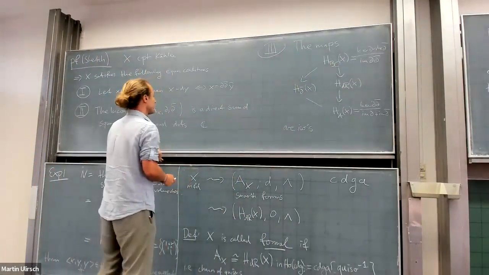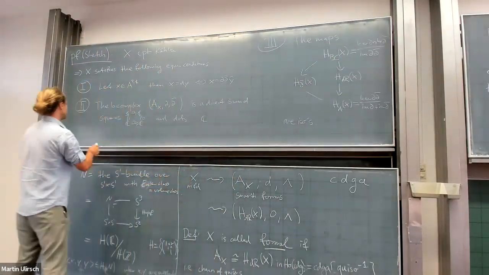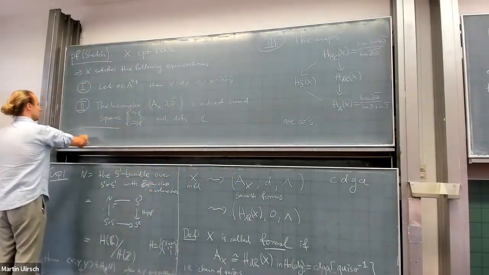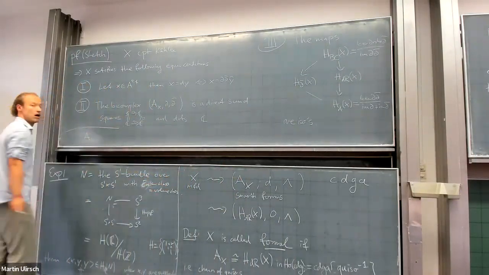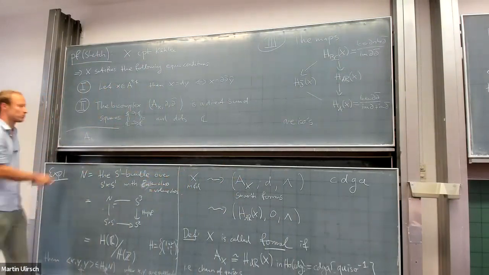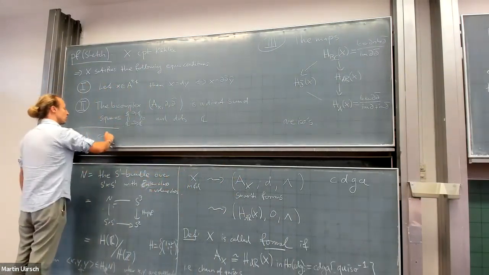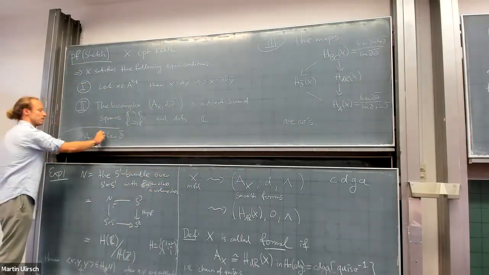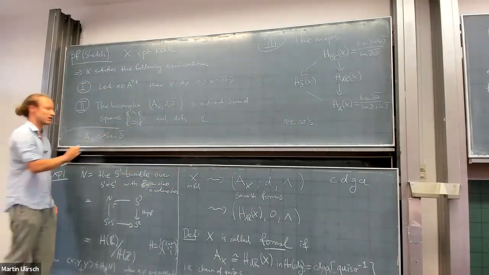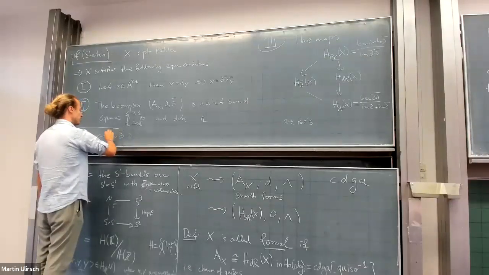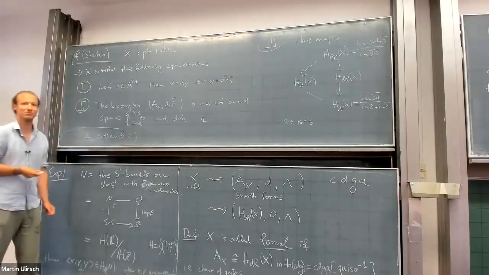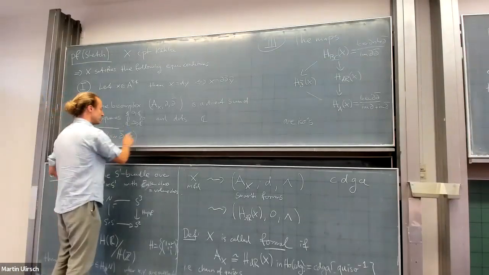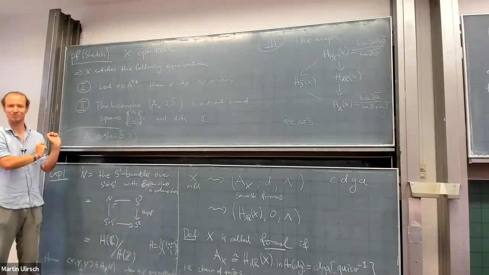Okay. And then from here, we can take our CDGA of all forms. We can look at the subspace of kernel del bar, and equip this with the differential d del. This is again a CDGA.